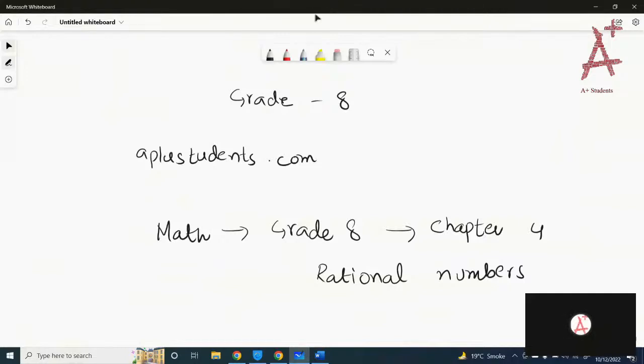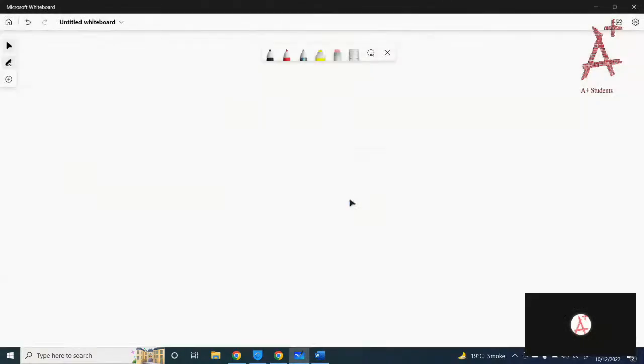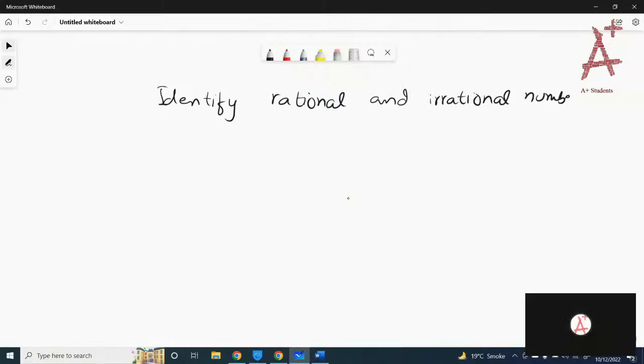So let's start with an example. First, the topic we're going to start with is identify rational and irrational numbers. Let me write down the topic name: identify rational and irrational numbers.